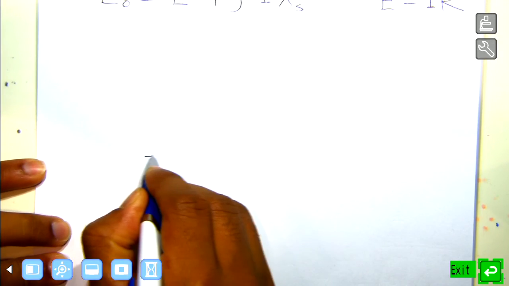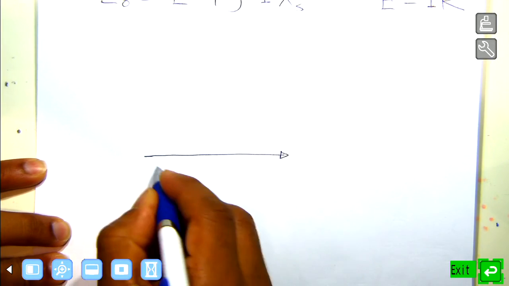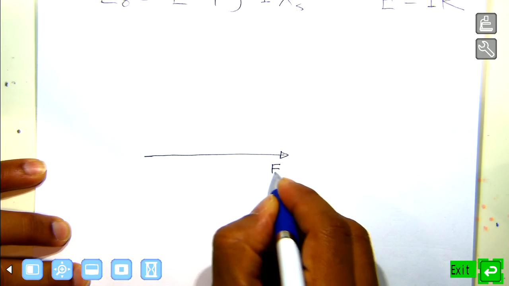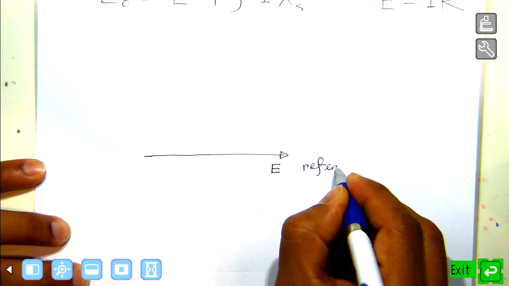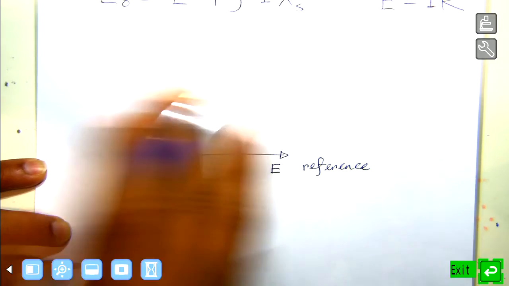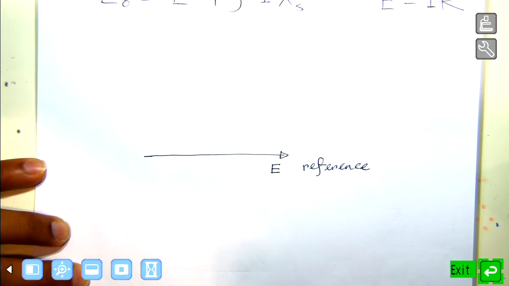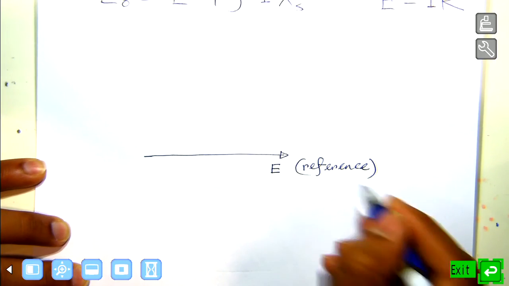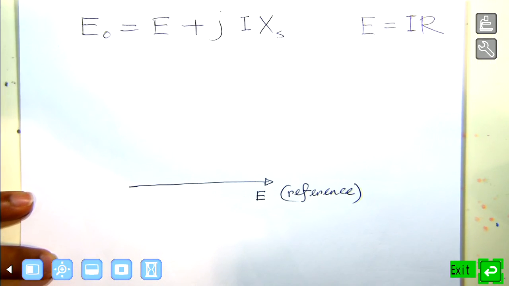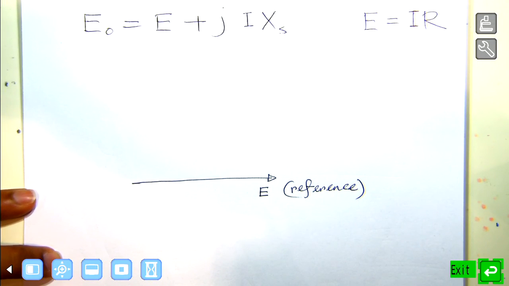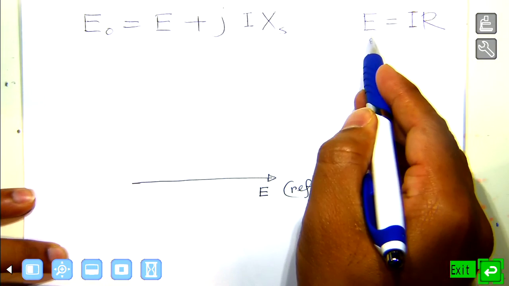We are taking E voltage as our reference. So this is our reference voltage. Reference voltage means you place it horizontally at 0 degree. So this is your voltage, the terminal voltage, isn't it?